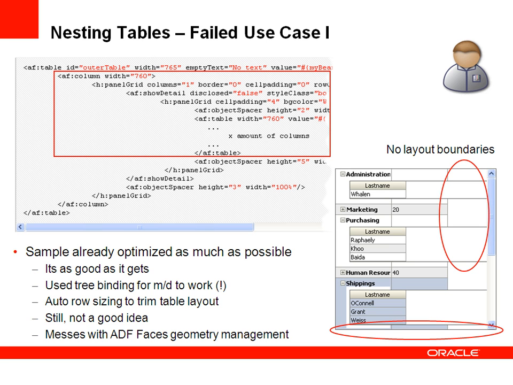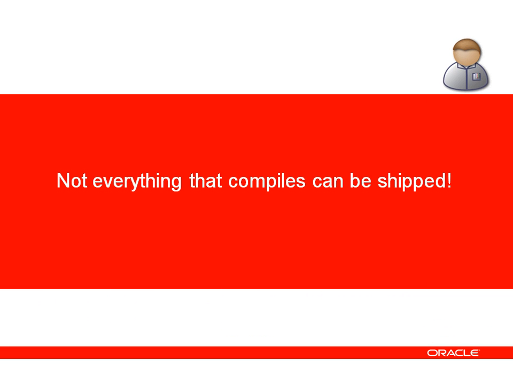It looks at its parent component, which happens to be a stamped column, not even the table, and then tries to guess the best way to lay out. So it's unpredictable and therefore not recommended. Nested tables are not recommended and not supported in the rich client component set. And you see even with the scroll bars how badly that looks. In summary, not everything that compiles, and surely what I showed on the slide before will compile, can be shipped.